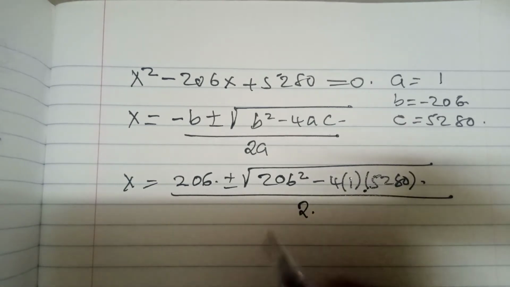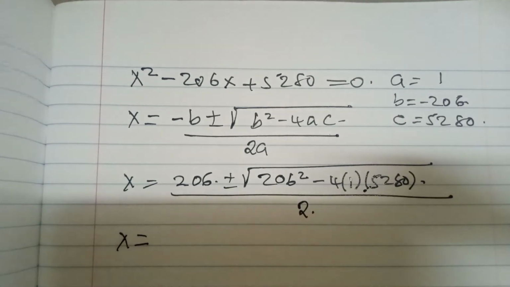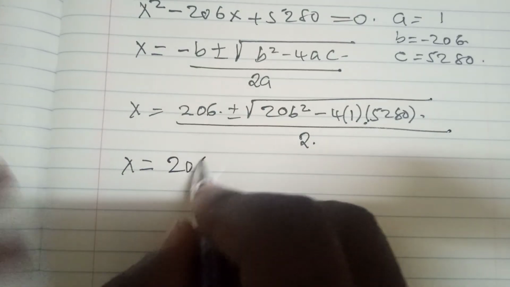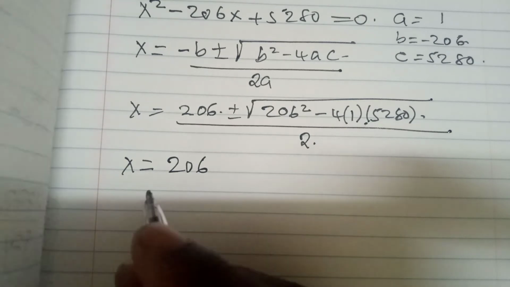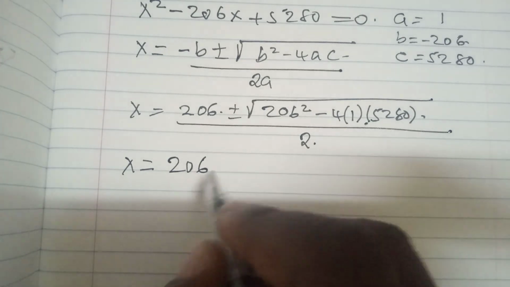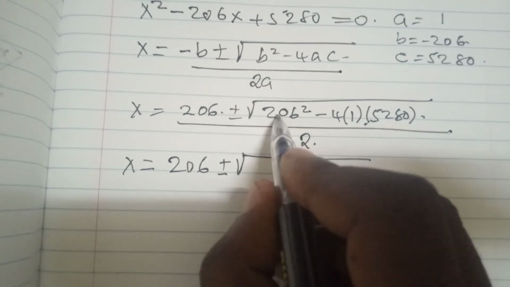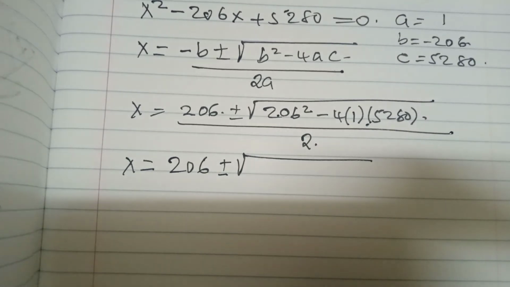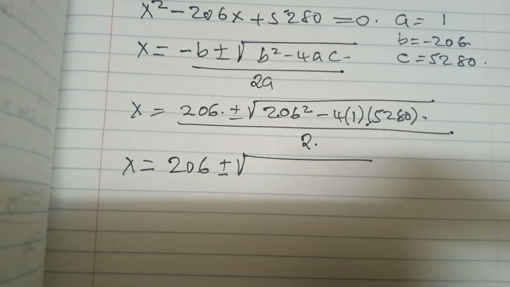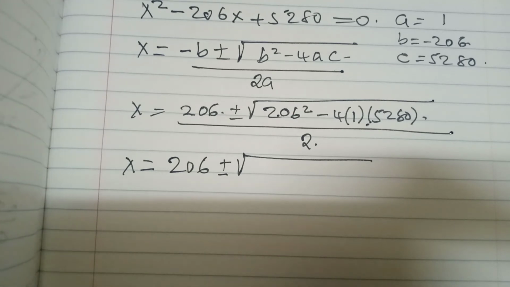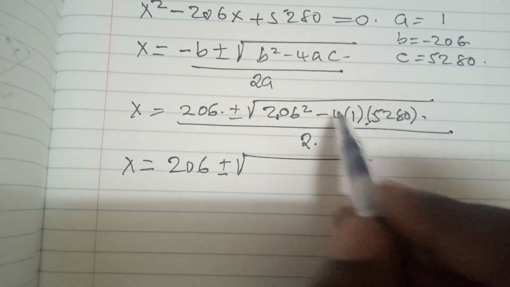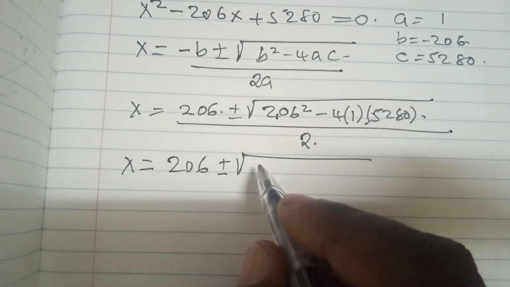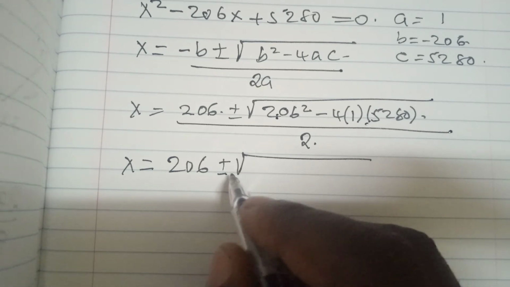And this one takes us to x is equals to 206 plus or minus this one minus the whole of this, and the square root of that, which is actually the whole thing, gives you 146.